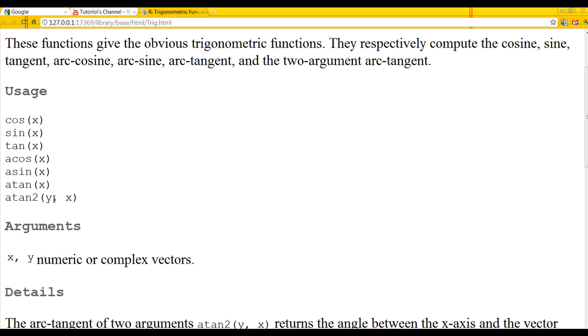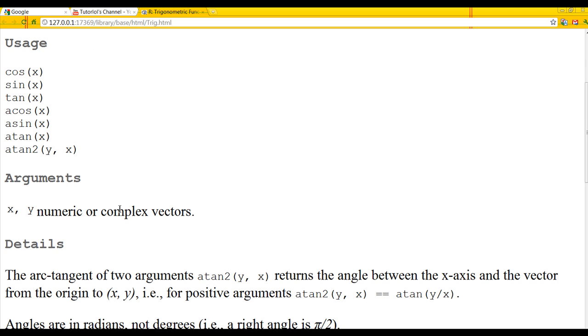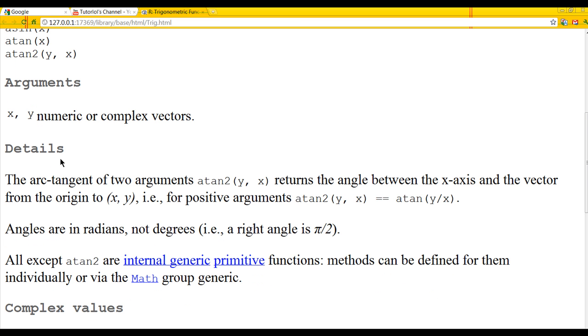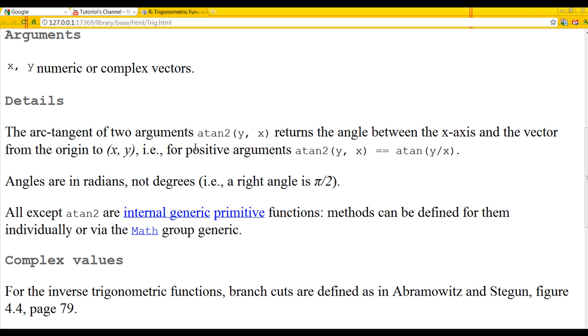So I guess this one takes two arguments. Not sure what it means actually. Arguments x and y should be numeric or complex vectors. So they don't just have to be numbers, as we saw. They can be vectors, right? Details: the arctangent of has 2. Returns the angle between the x-axis and the vector from the origin xy.